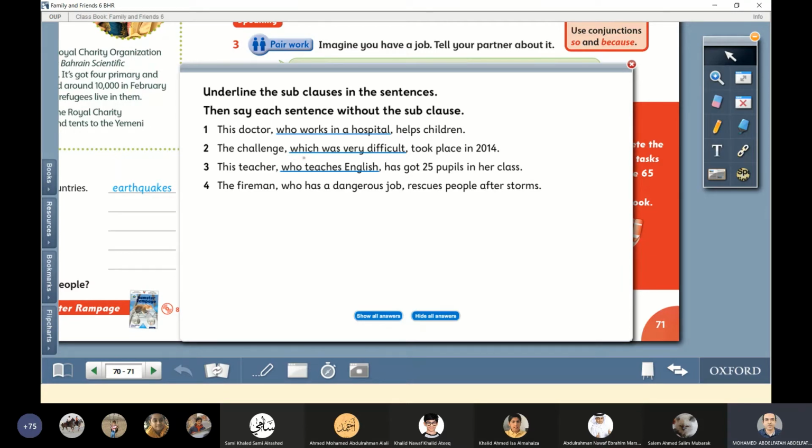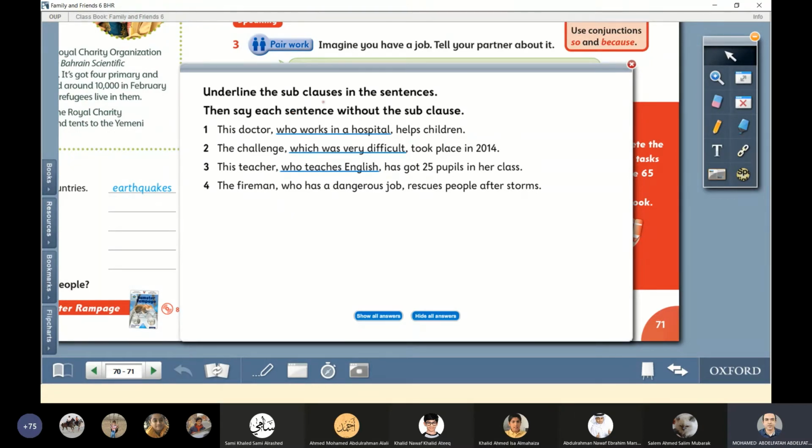The challenge, which was very difficult, took place in 2014. Exactly, the same happened in sentence number 3. This teacher has got 25 pupils in her class. We added more information and more details. We use the relative pronoun who, or the subordinate clause who teaches English. This teacher who teaches English has got 25 pupils in her class.